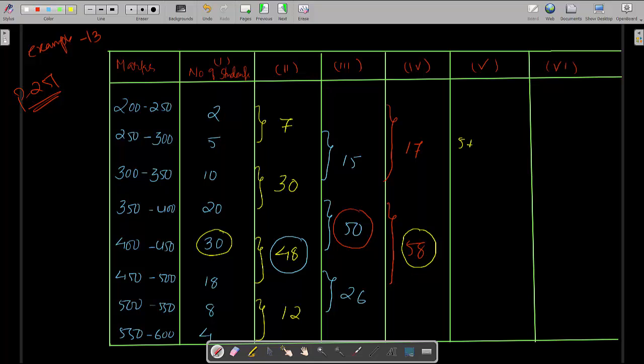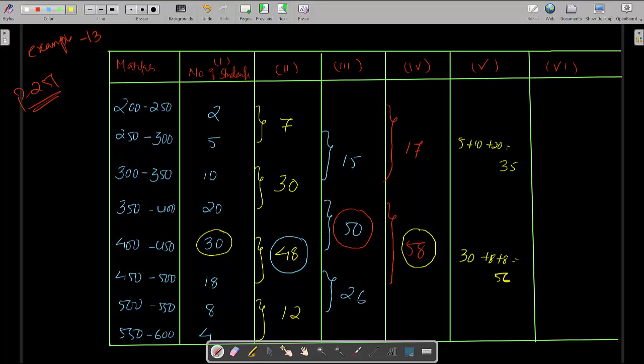That is 5 plus 10 plus 20. Next is 30, 18, and 8. So here 30 plus 18 plus 8. If you add up this one, you get 20, 30, 35. So you can just write 35, 30, 40, 50, 56. So you get 56.